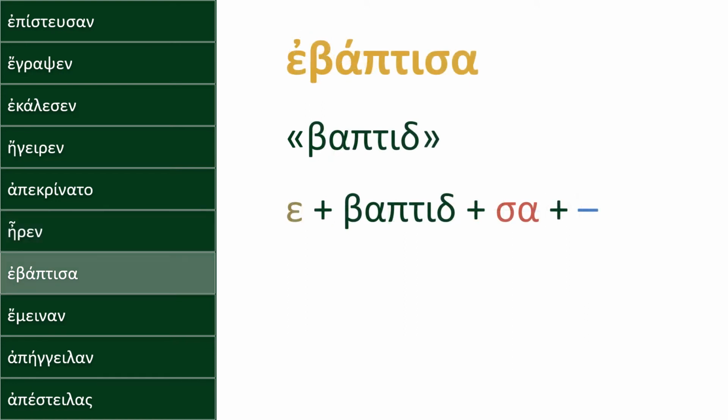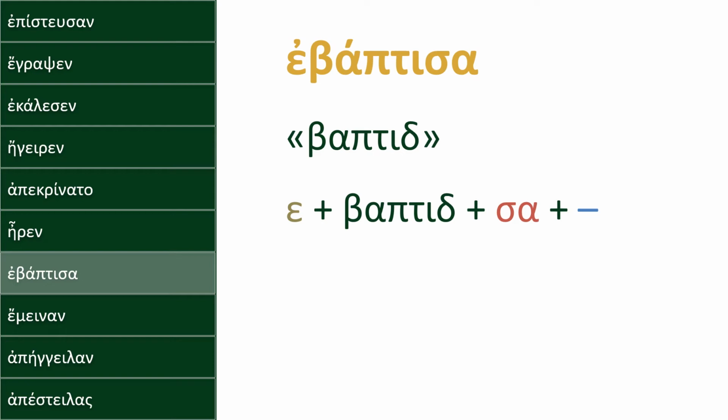Ebaptisa, aorist active indicative, first person singular from baptizo, it means I baptized. The root is in fact baptid, ending in delta. Remember that verbs with stems ending in zeta have roots that end in a dental, here delta. It is the present form, which we have in the dictionary, that has a modified tense stem.